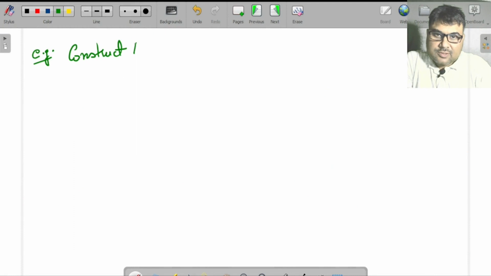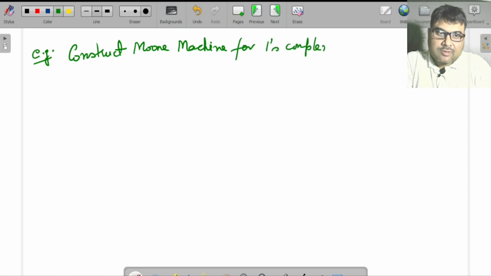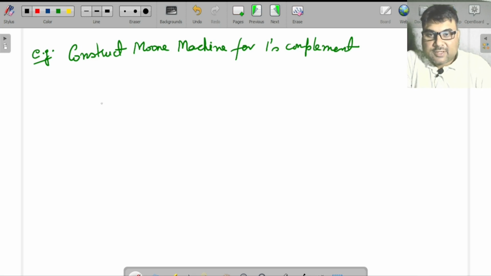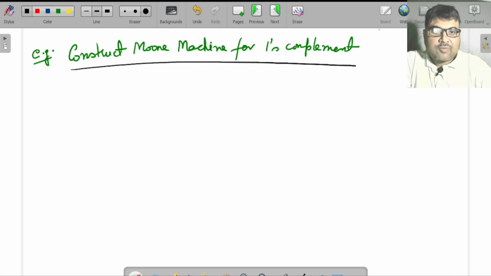Construct a Moore machine for one's complement. If you construct the Moore machine for one's complement, what should be your approach? Before that, we should understand what one's complement is.